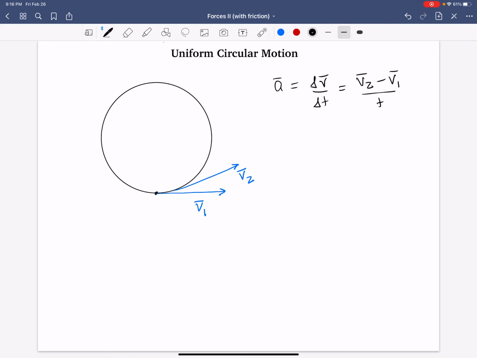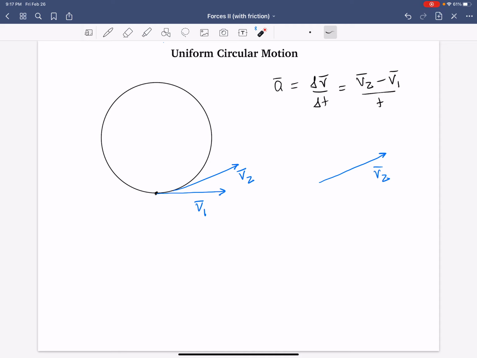Let's actually draw these vectors head to tail, right? Let's graphically represent this. So I'm going to literally show you which direction that acceleration points. Okay, so I'm going to take v2, I'm translating it over here, kind of like that, somewhat. That's v2. And now we have v2 minus v1.